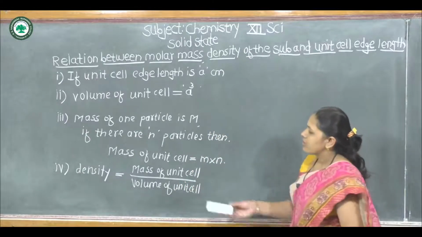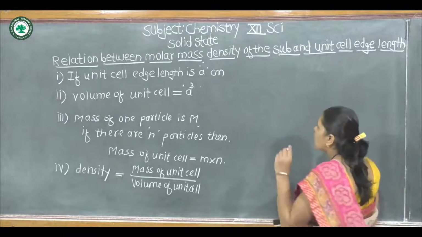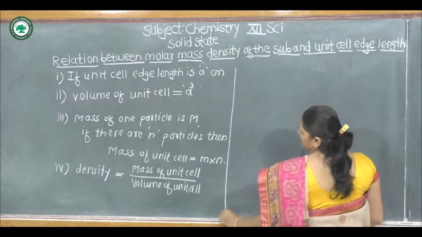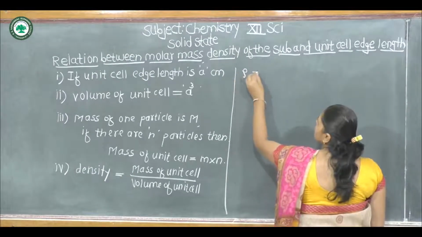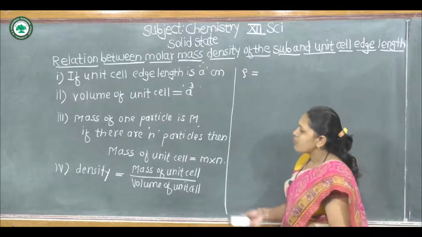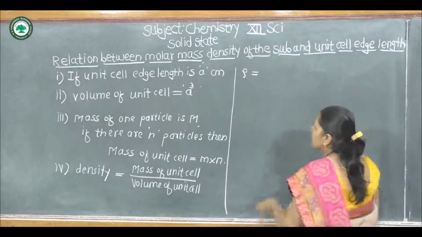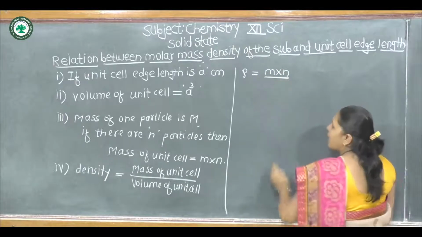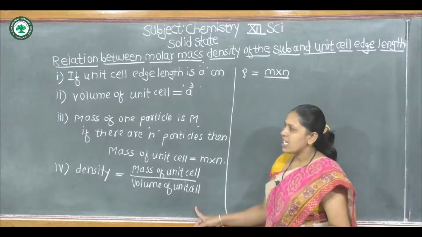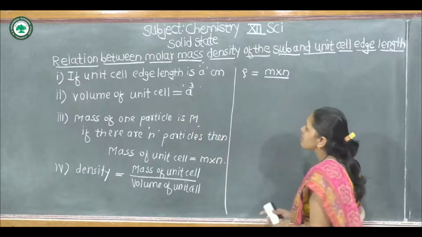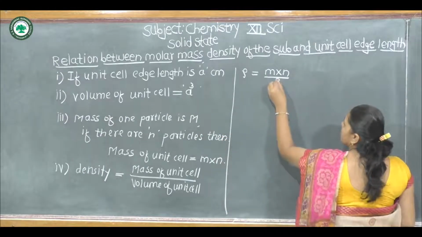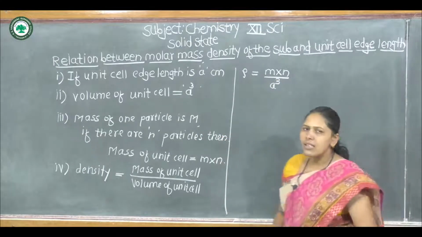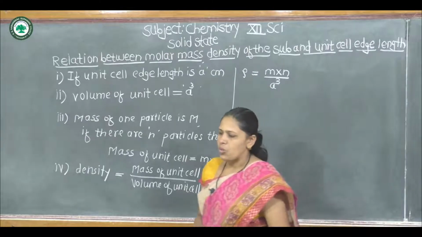Therefore rho is equal to m multiplied by n, divided by the volume of the unit cell. In the second point, the volume of the unit cell is a cube. This is the value of rho.